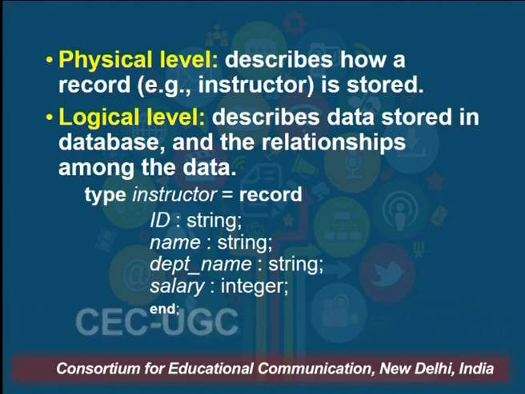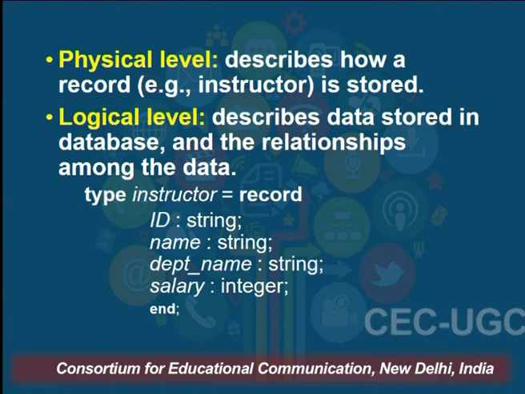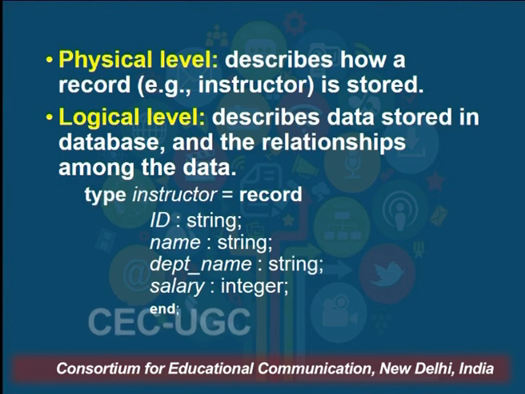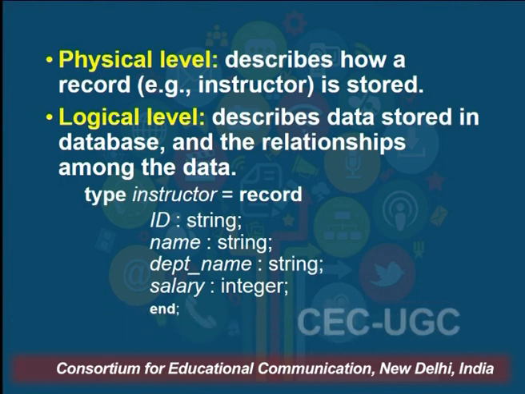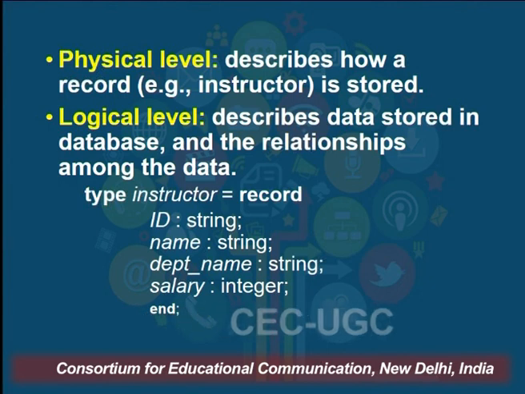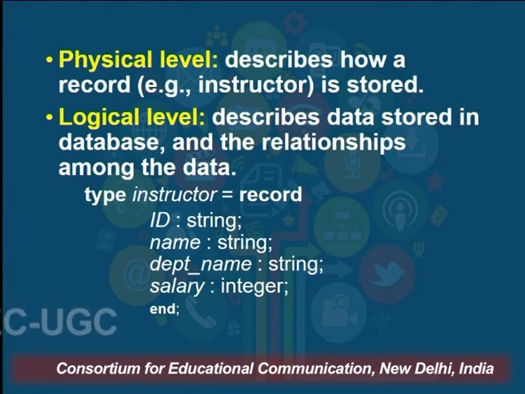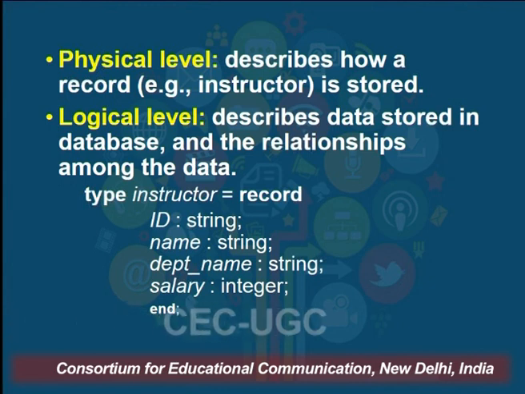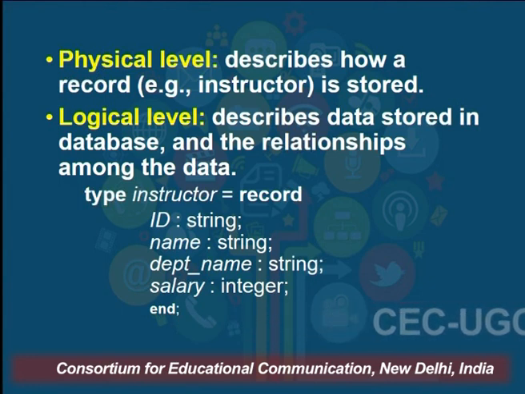Now, a record is basically information, or complete information, about a particular entity. For example, in the example being shown on the screen, we have taken one entity, which is instructor. The instructor has some pieces of data: an instructor ID, an instructor name, the department name in which that instructor is working, and his or her salary.